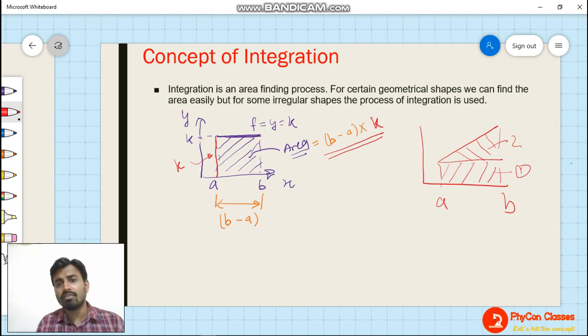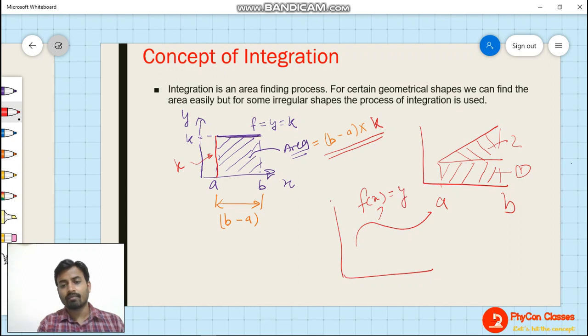So here also it is easy to find out the area, right? But what if the function is like this? This is function of x is equal to y. In this case, how will you find out the area? This becomes difficult, and that is why the integration concept came into the picture.